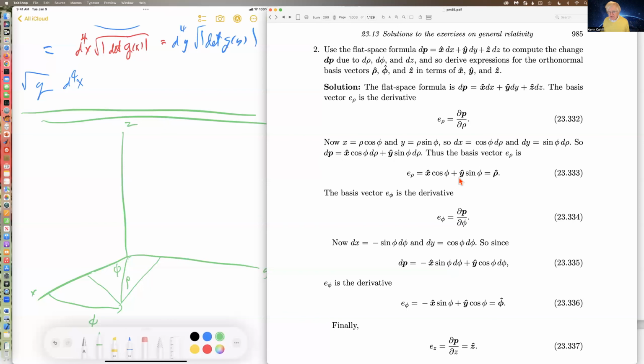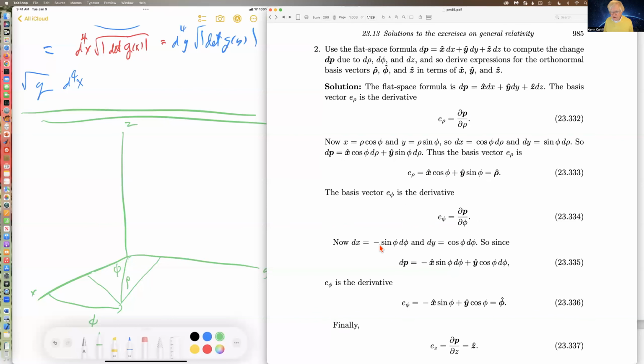So the basis vector rho hat is x hat cosine phi plus y hat sine phi. And we don't need to normalize it because it's automatically normalized. The basis vector E phi is the derivative of the point with respect to phi.